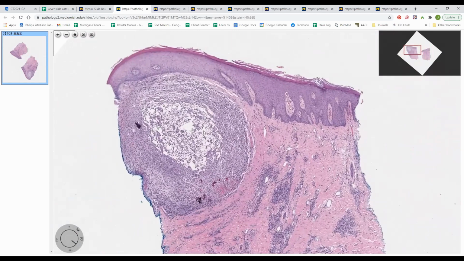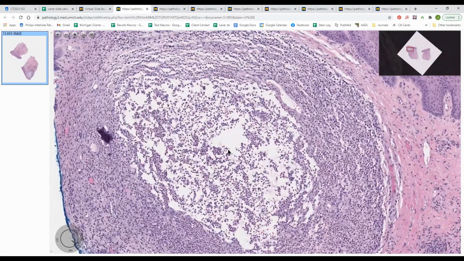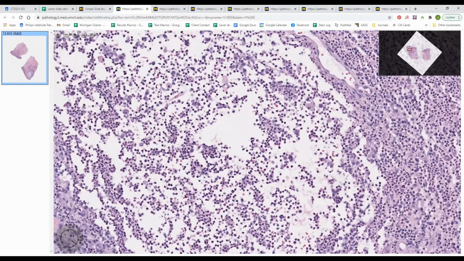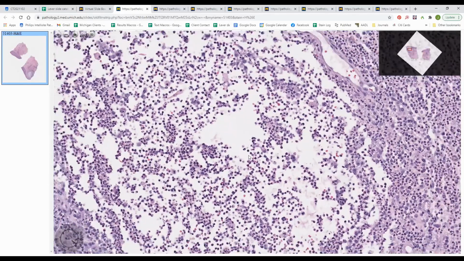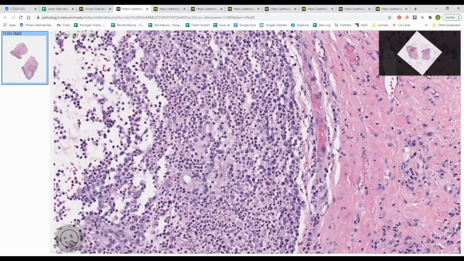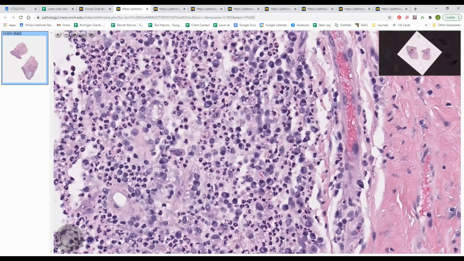And here in the superficial dermis, you can see that there's a mixed suppurative and granulomatous infiltrate. So centrally here, there's an area that's more granulation tissue-like with edema and many neutrophils. And as we move out peripherally, that transitions into more of a histiocytic inflammatory infiltrate with, again, neutrophils, degenerated debris, and many histiocytes with scattered plasma cells and lymphocytes.